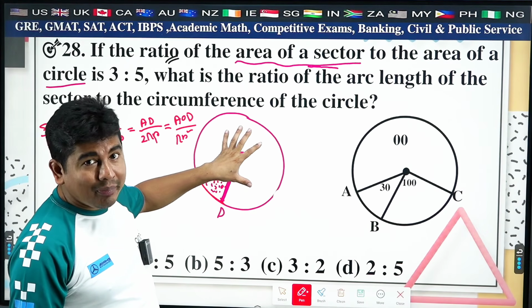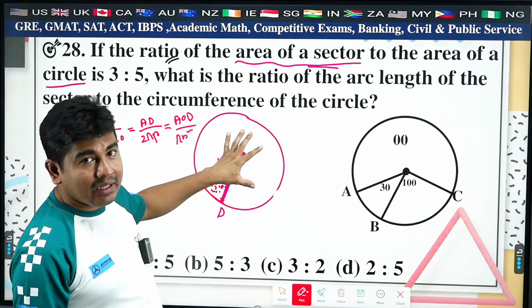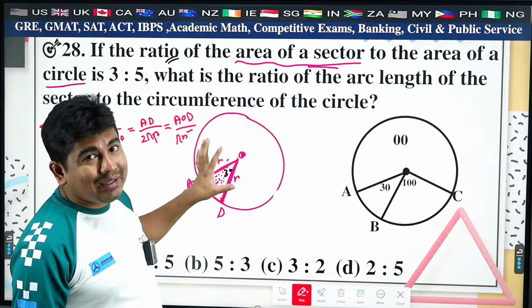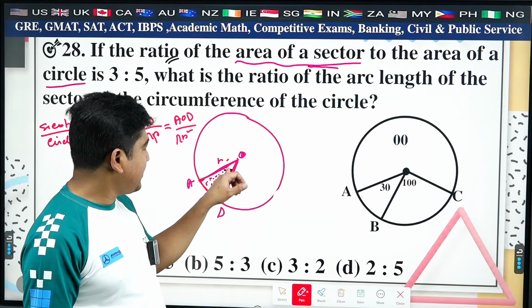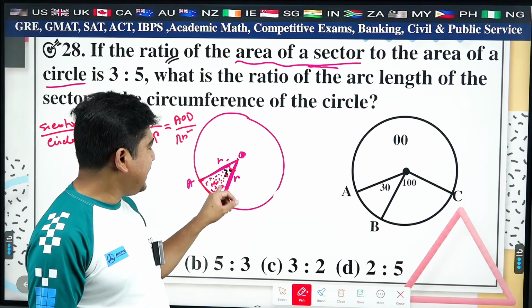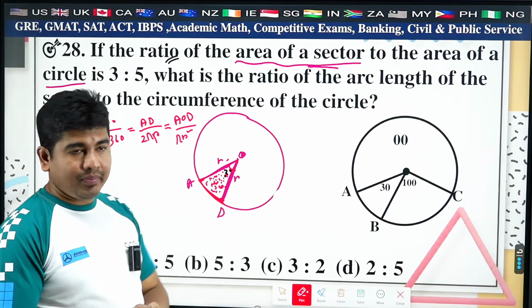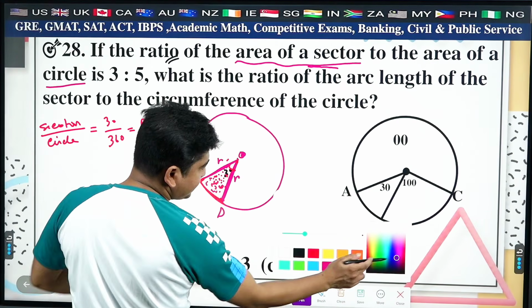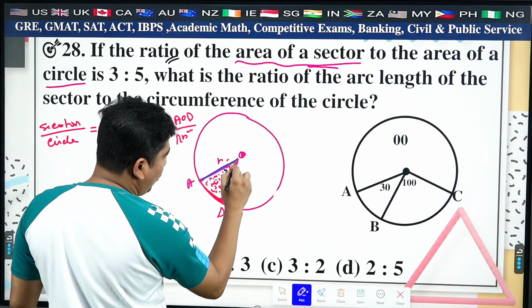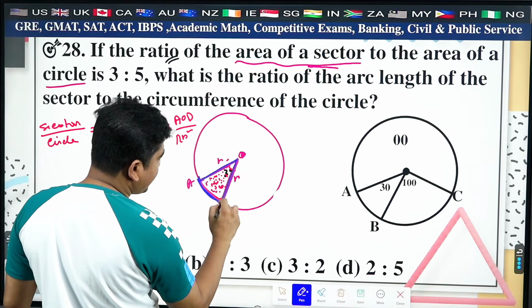If you make comparison with this sector and the circle, all the three things like arc, angle and area of the sector. Again I want to say, AOD is a sector.